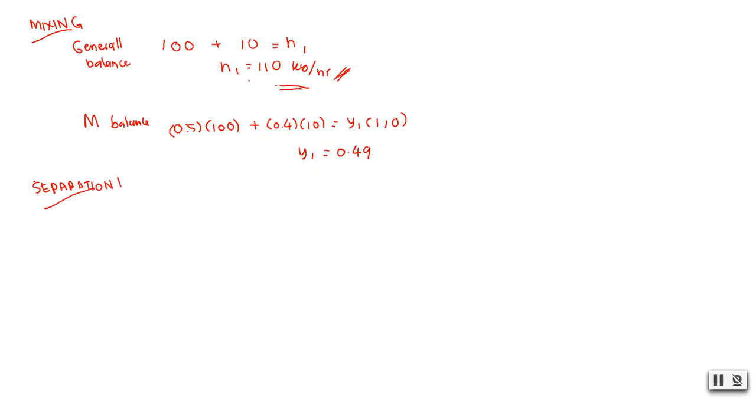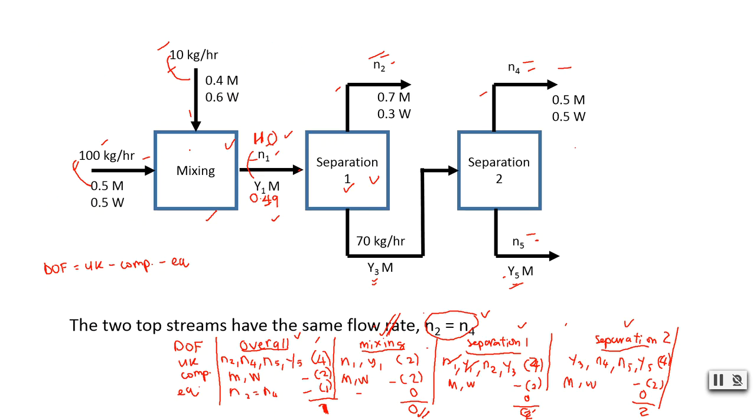For separation 1, what we can do is the general balance or the overall balance. Actually, you can use a different term for it as long as people can understand it.